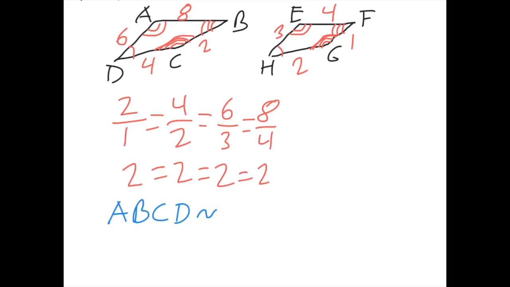Then you have to make sure, just like congruency, it's in order. So if we said ABCD, that went the one with 2 arcs, the one with 3 arcs, the one with 4 arcs, then the one with 1 arc. So, EFGH. So remember, order matters.